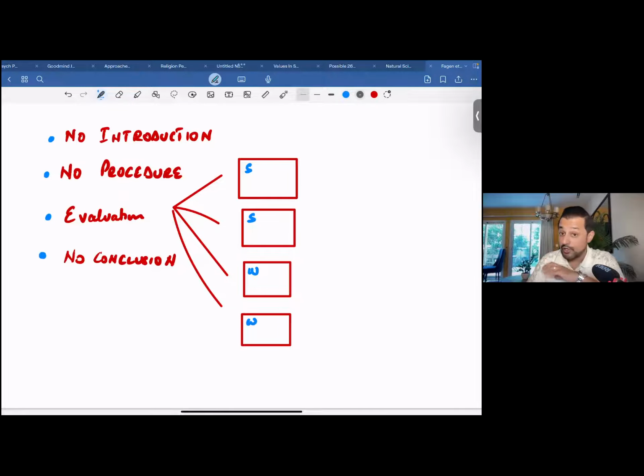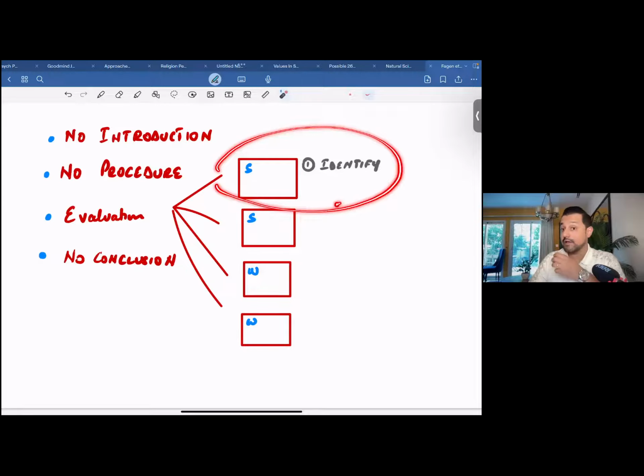Now, for every particular strength or weakness, there are 3 things that I'd want you all to keep in mind. Number 1, identify that point, identify that particular strength or weakness. In the question that I showed you last, we wrote quantitative data, so that's the point that's already identified. Nonetheless, there's one point that you've been given by the examiner.